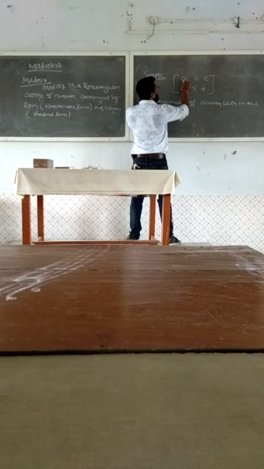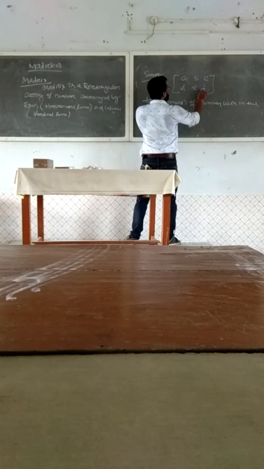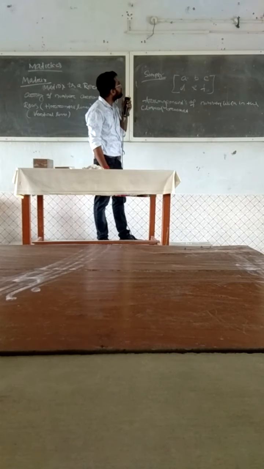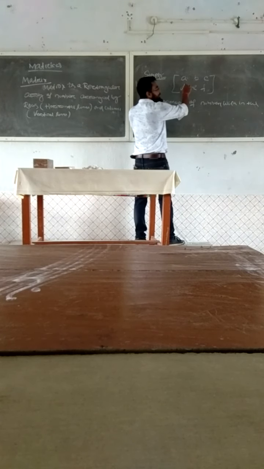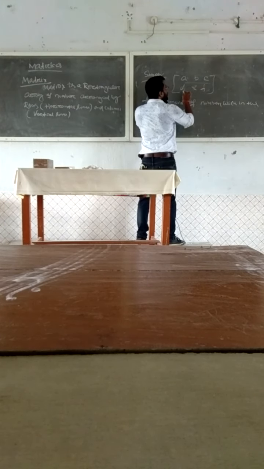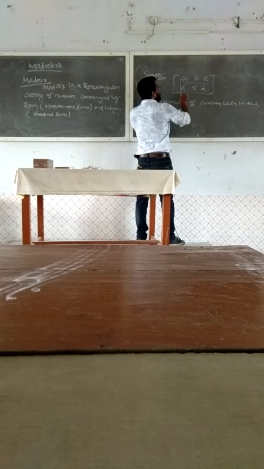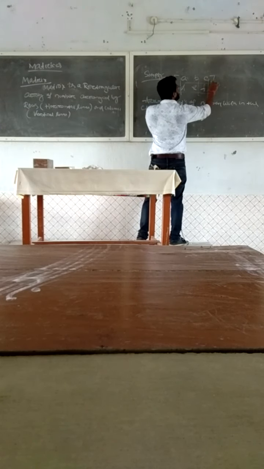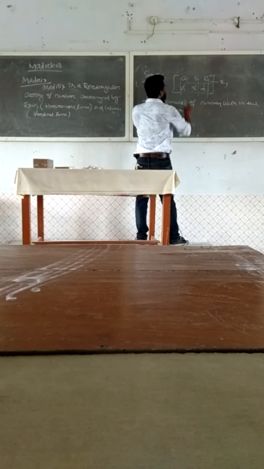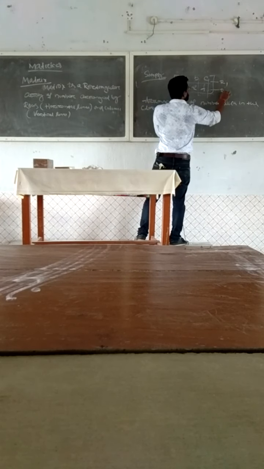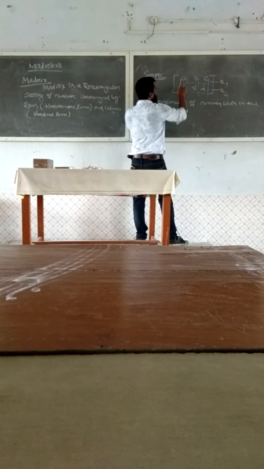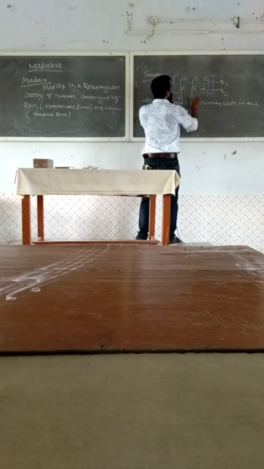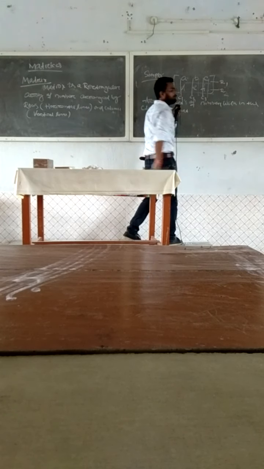Here A, B, C, D, E, F are the numbers of the matrix, and this contains 2 rows and 3 columns. This first row is A, B, C, this is row 1, and D, E, F is row 2. Vertically, they are called column 1, column 2, and column 3.